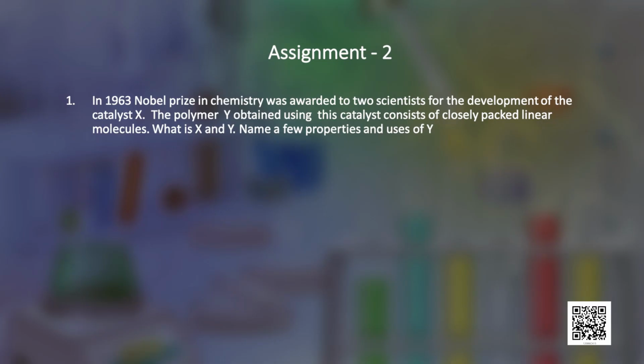Before we end today's session, let me leave you with an assignment comprising of 4 questions. Question number 1. In 1963, Nobel Prize in Chemistry was awarded to 2 scientists for the development of the catalyst X. The polymer Y obtained using this catalyst consists of closely packed linear molecules.